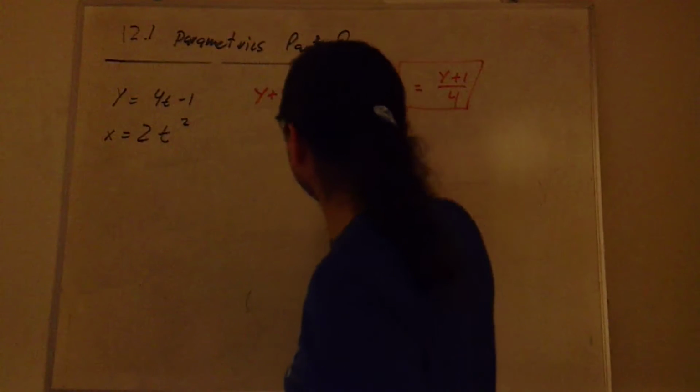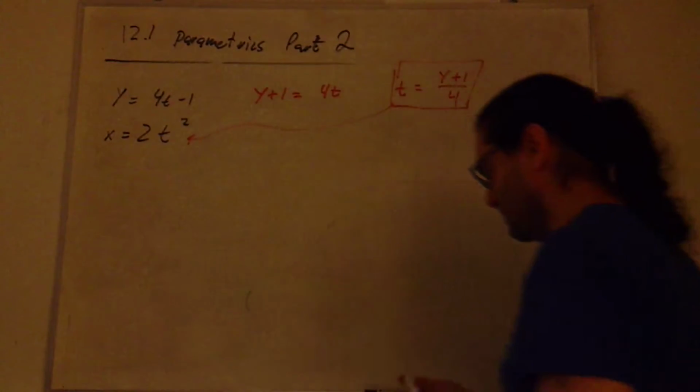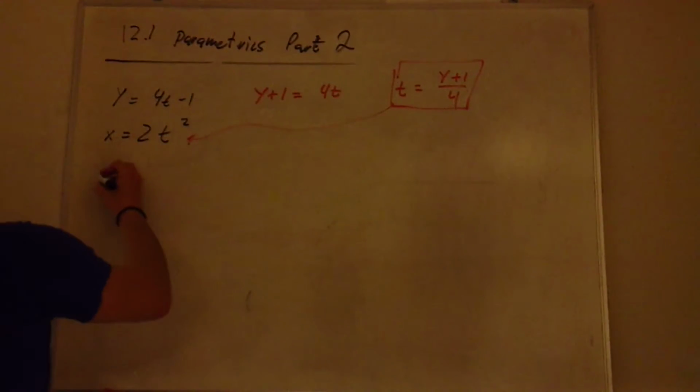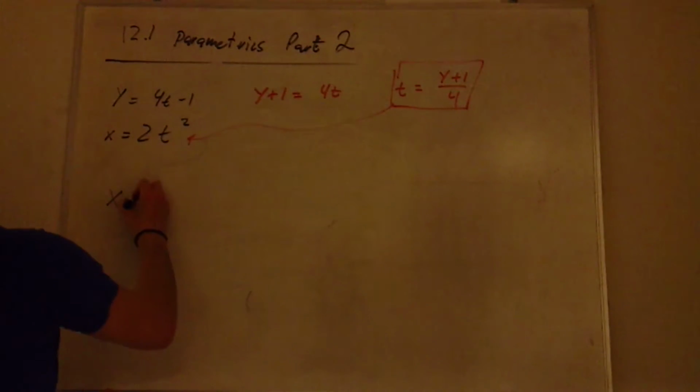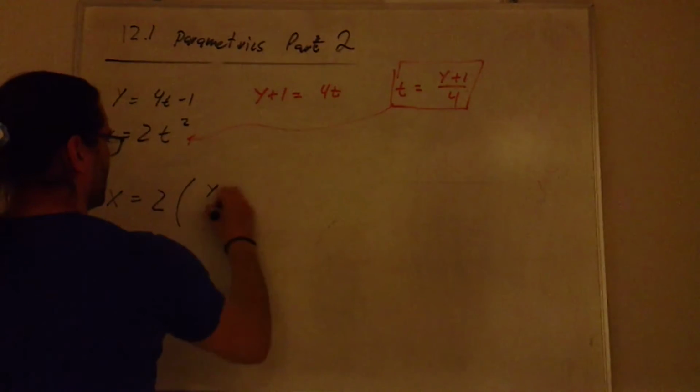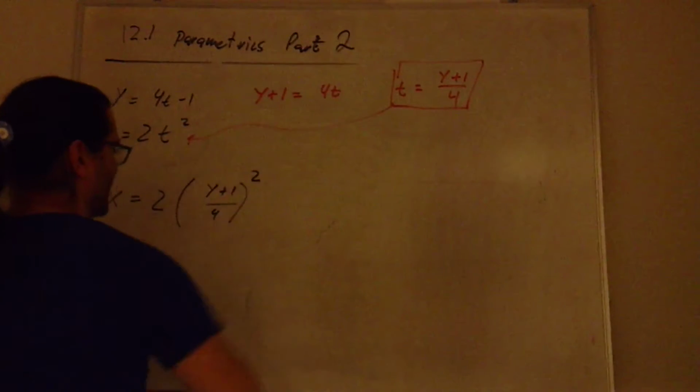Now we can plug that in here for t squared and see what x looks like. And if I do that, I will get x equals 2 times the quantity y plus 1 over 4 squared.